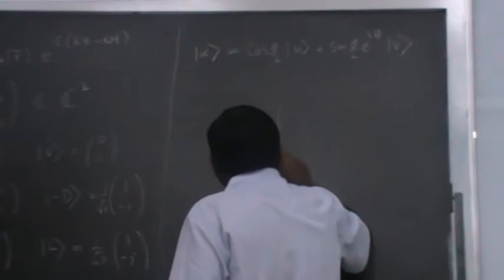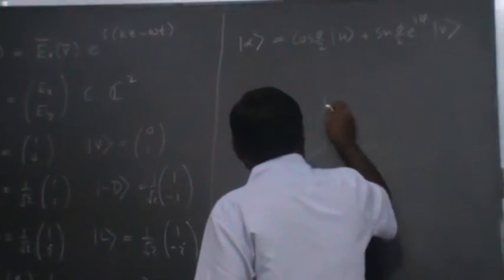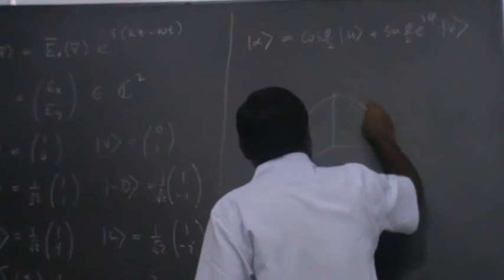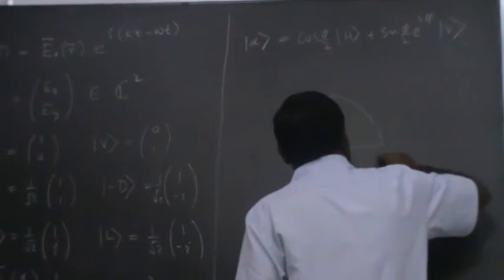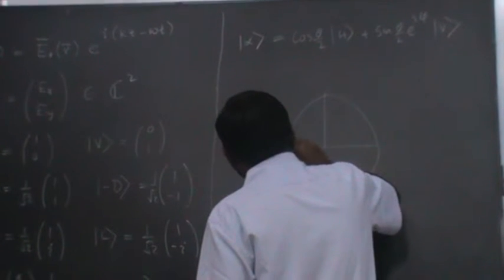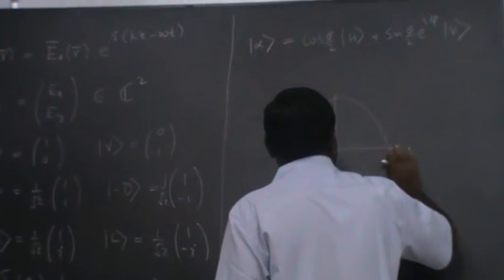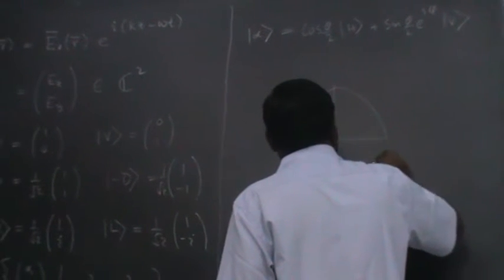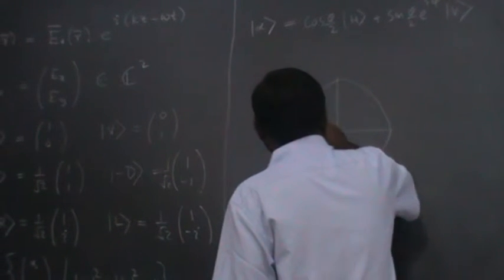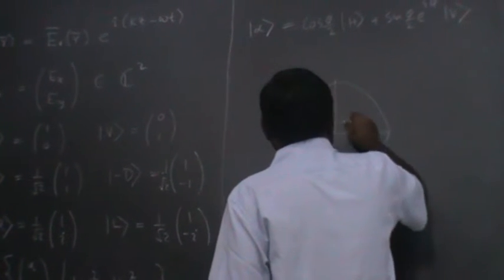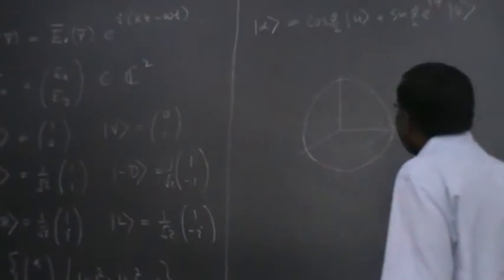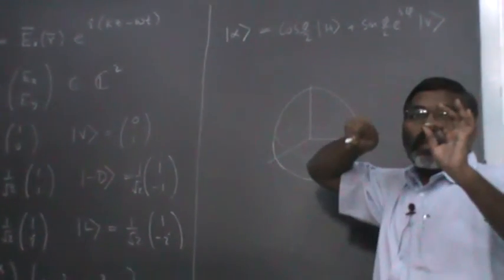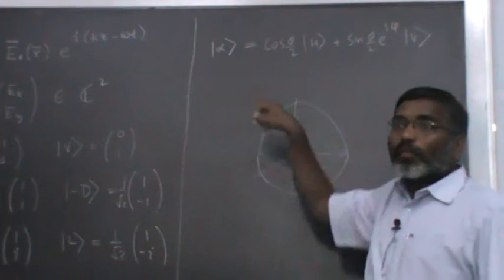But this construction allows me to have a geometrical interpretation of these polarization states. So if I consider a unit sphere, the given theta and phi, as a part of spherical polar coordinates, will define a point on the sphere.